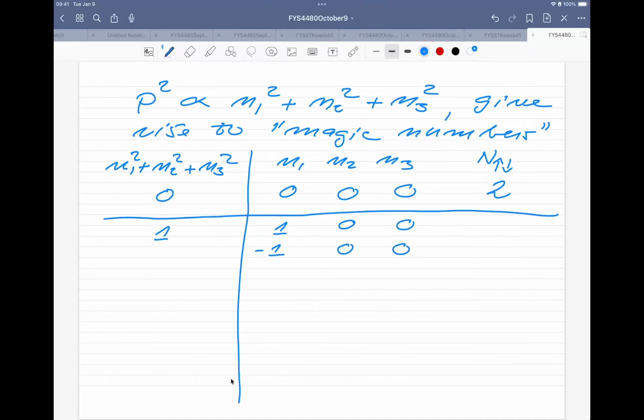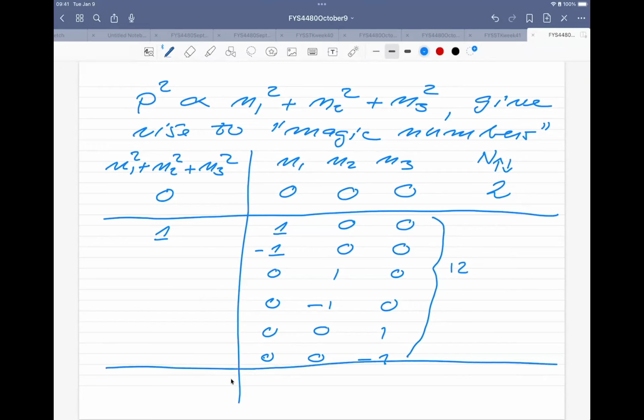Then I can have 0, 1, 0, 0, -1, 0, and then I can have 0, 0, 1, 0, 0, -1. That makes sense? And for each of them, so I have 6 cases here, and for each of them, I can actually place 2 electrons. So in total, I have 12. This means that my next magic number is going to be 14, which is 12 plus 2.